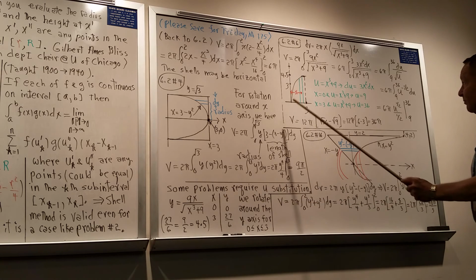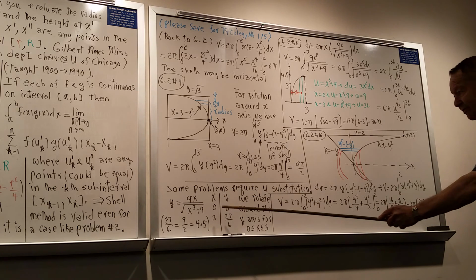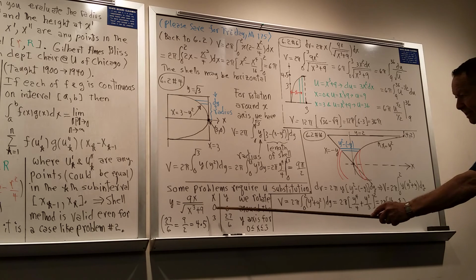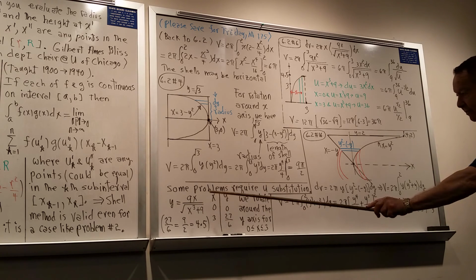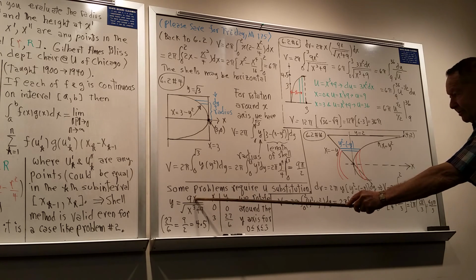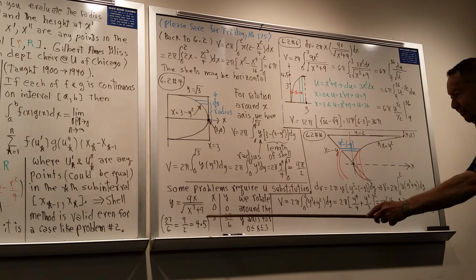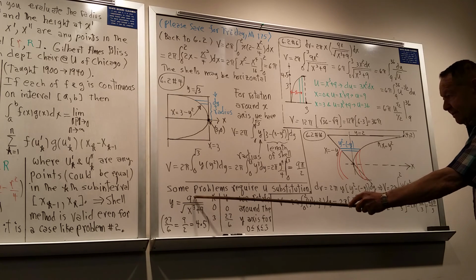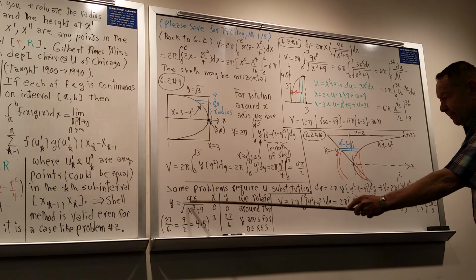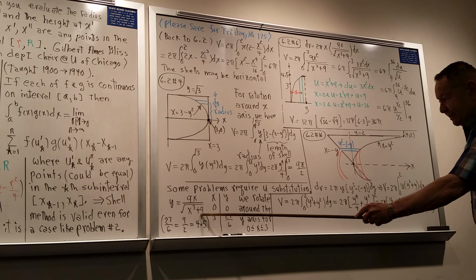Notice what we have with our graph if we do a little bit of table work. When x is 0, of course your y is going to be 0. When x is 3, you have 27 here, and 27 and 9 making 36.